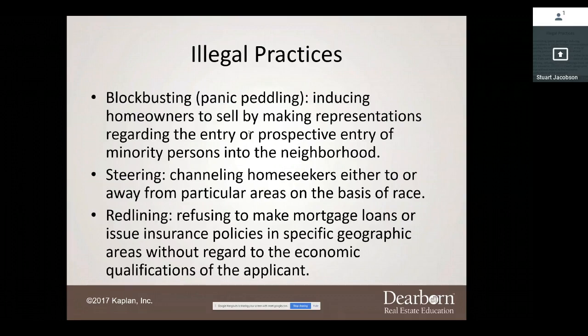So inducing homeowners, people who are going to potentially sell their homes, by making representations regarding the entry or prospective entry of minority persons into the neighborhood. So you are inducing panic to sell by making representations regarding the entry or prospective entry of minority persons into a neighborhood.